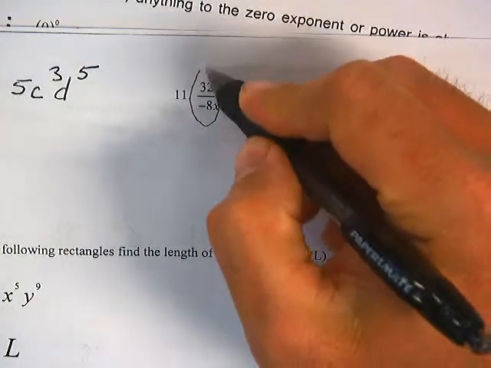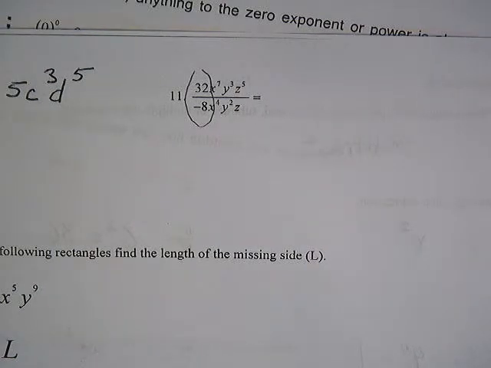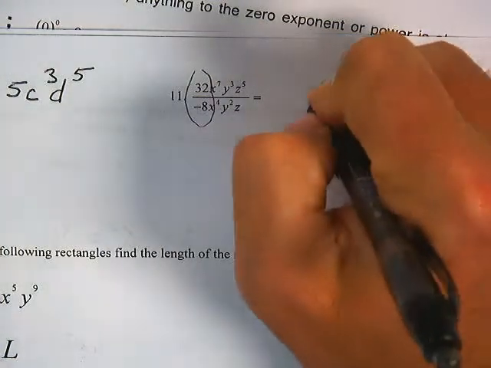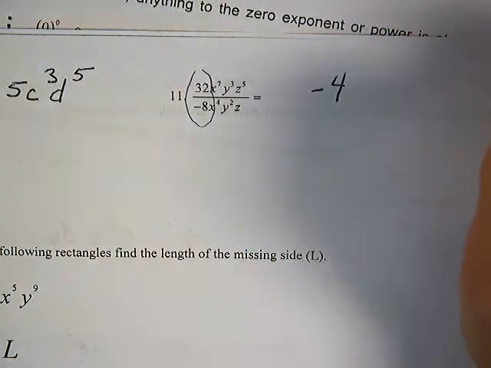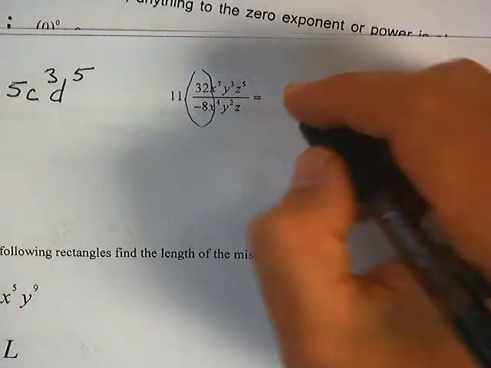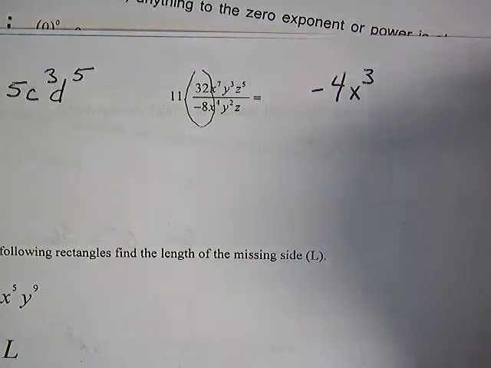Okay. What is 32 divided by negative 8? Negative what? Negative 4. Does it matter where I put the negative? No. Let's put negative 4. We'll start there. The x's, where is it going to be, on top or bottom? Top. We'd have x to the 3rd. Very good.